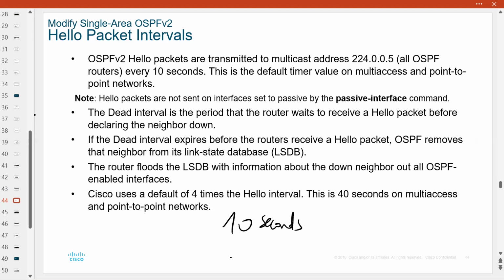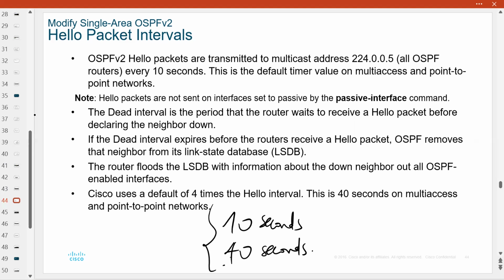We have the dead interval, which is 4 times that, 40 seconds. After we formed adjacency, the hello packets continue to be sent. After we formed adjacency, we are now even sending our DBDs. Hello packets don't stop being sent. Every 10 seconds, they are being sent.